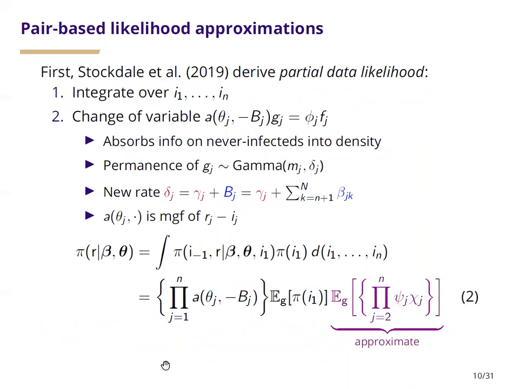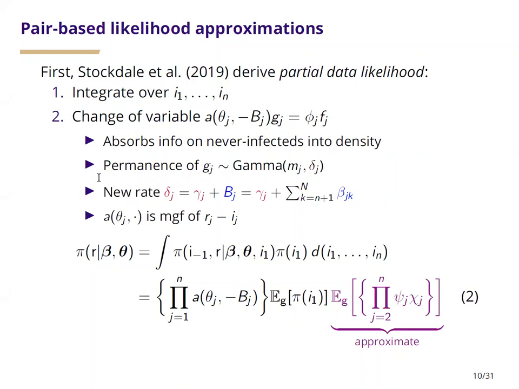So here, Stockdale, Kypraios, and O'Neill derive the partial data likelihood. So first, they'll integrate over the missing infection time. Next, we take a convenient change of variable. And the idea behind this change of variable is to absorb info on the never infected into the density, such that we have a new density, GJ.